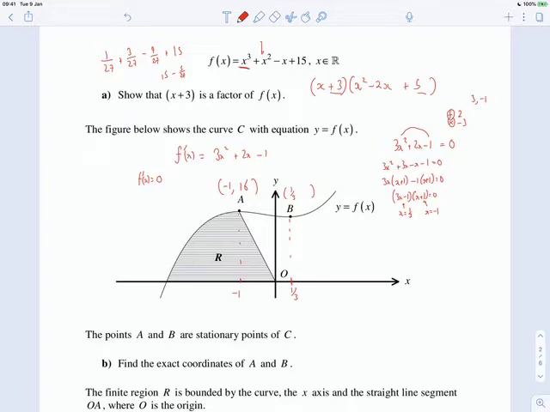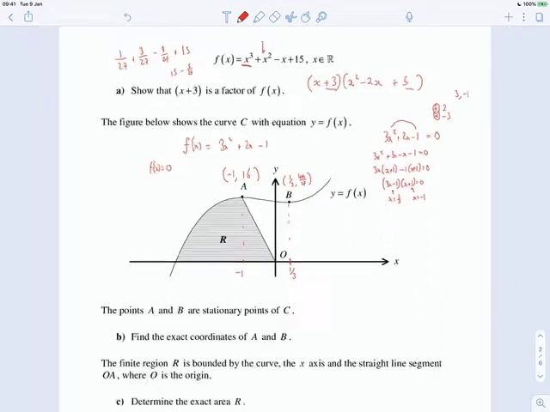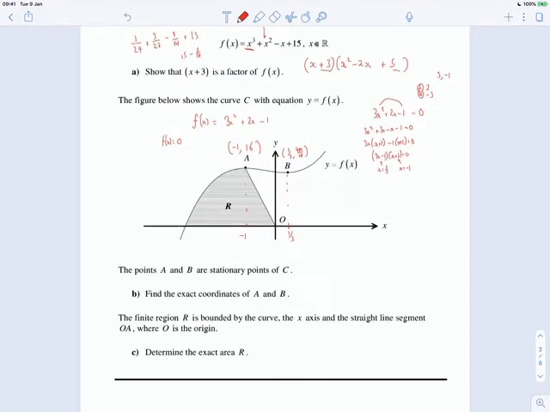And in the interest of saving time, that is going to be 400 over 27. Okay, so I've done that part. My answers to this are minus 1, 16 and 1/3, 400 over 27.